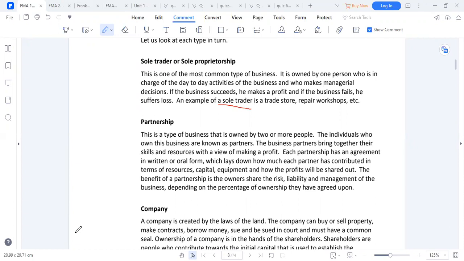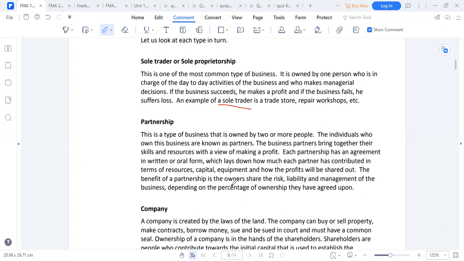I'm talking about the advantages and disadvantages of a sole trader. So the advantage of a sole trader is that they enjoy all profits to their full extent, and then they also suffer the loss fully when there's a loss in the business. Okay, great.